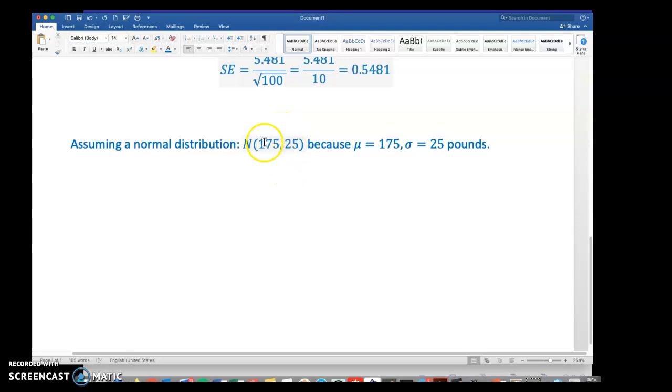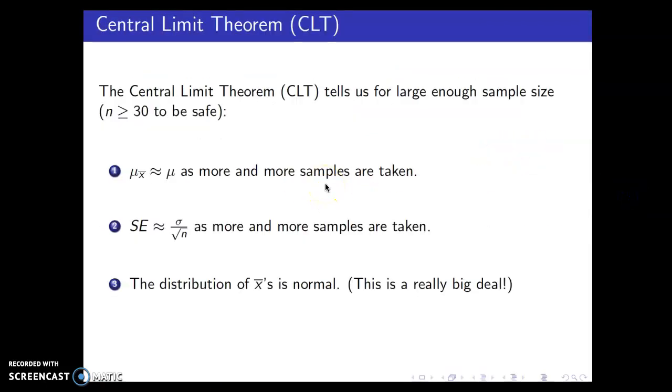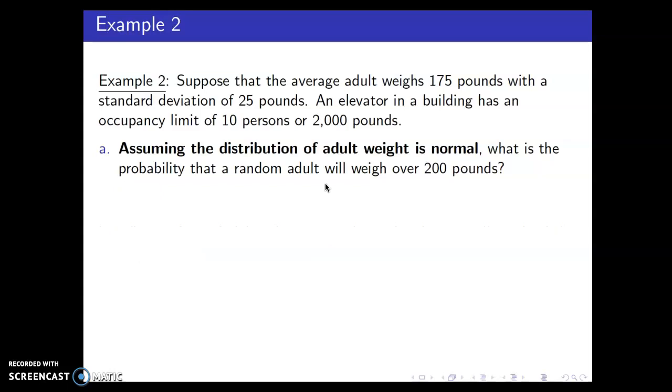So I'm going to go into the normal distribution, enter 175 and 25, and we're looking at the probability that a random adult will weigh over 200 pounds.